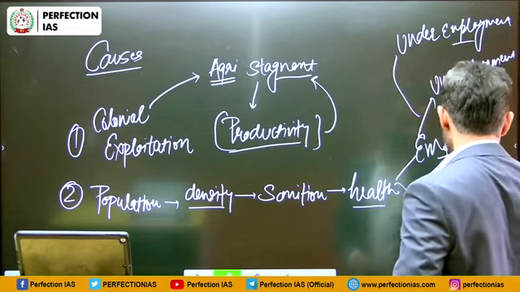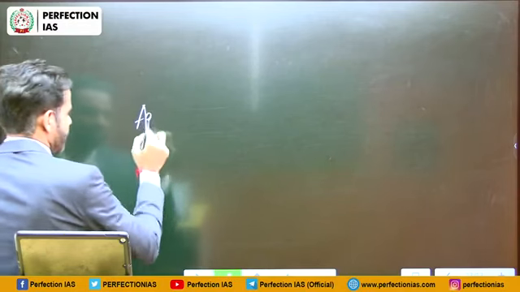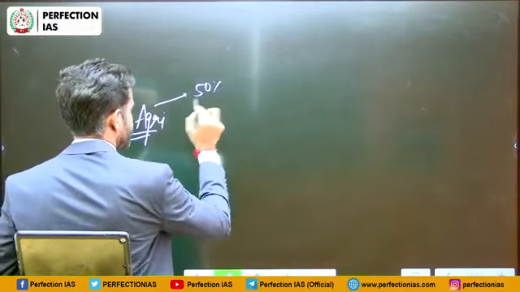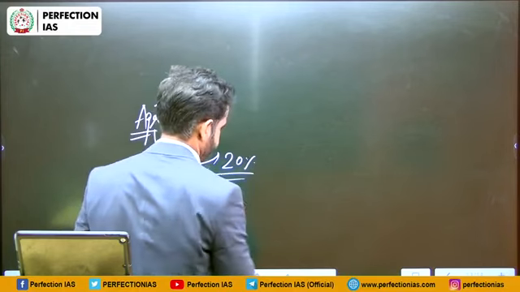What is underemployment? See, in case of India, roughly 50% population is engaged in agriculture sector. However, their contribution in GDP is less than 20%.